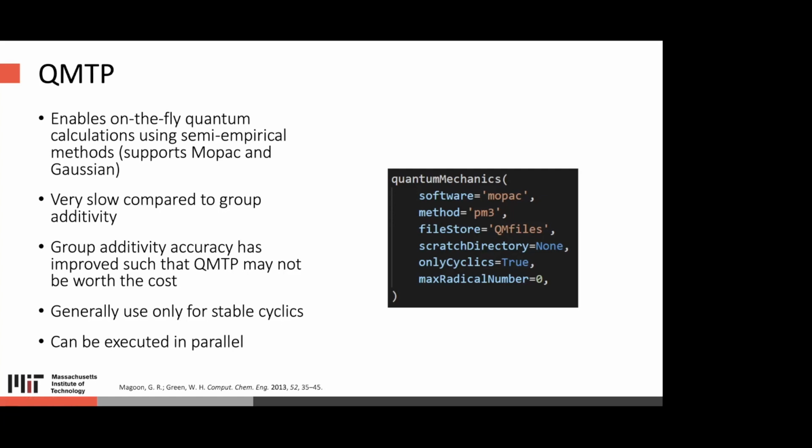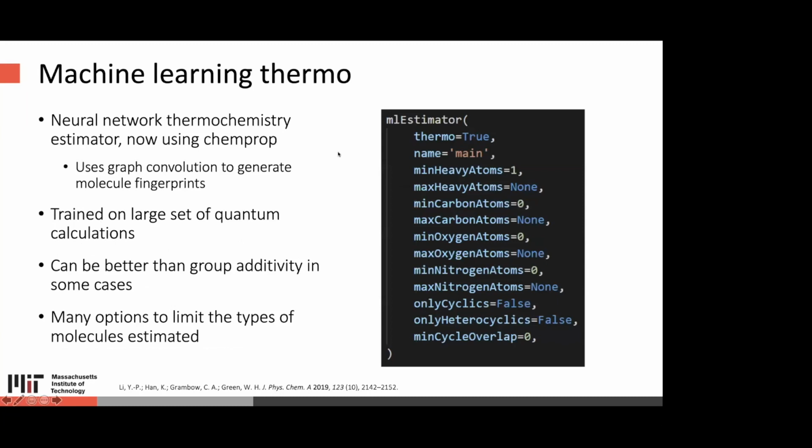But as Yancy mentioned, there are some trade-offs in terms of speed. And we also have a machine learning estimated thermo. It's a neural network thermochemistry estimator, now using Chemprop. It uses graph convolution to generate multiple fingerprints, and it's trained on a large set of quantum calculations, so it could be better than group additivity in some cases.